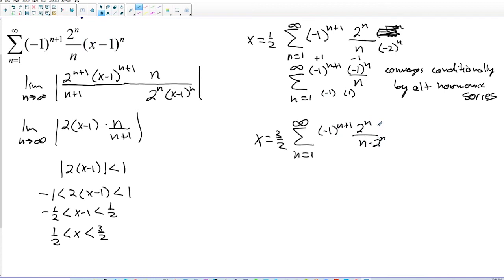It's really 1 to the n over 2 to the n, because this ended up being 1/2 when we plugged 3/2 in. Those cancel, and this is the sum from n equals 1 to infinity of -1 to the n plus 1 over n. So this also converges conditionally by alternating harmonic series.